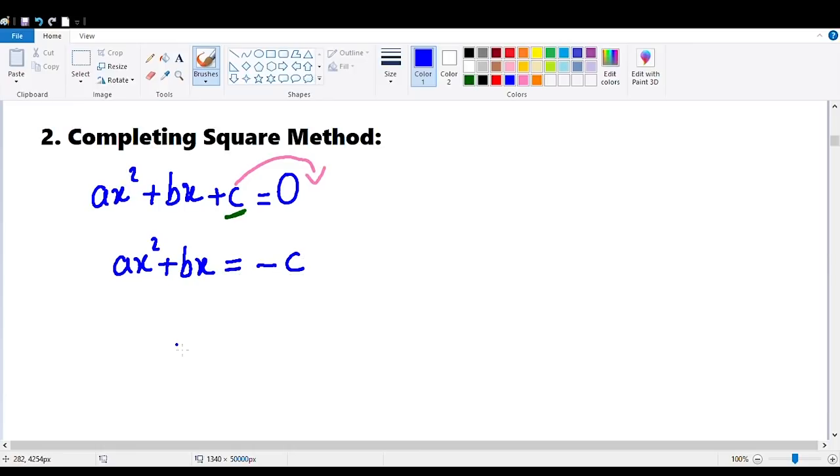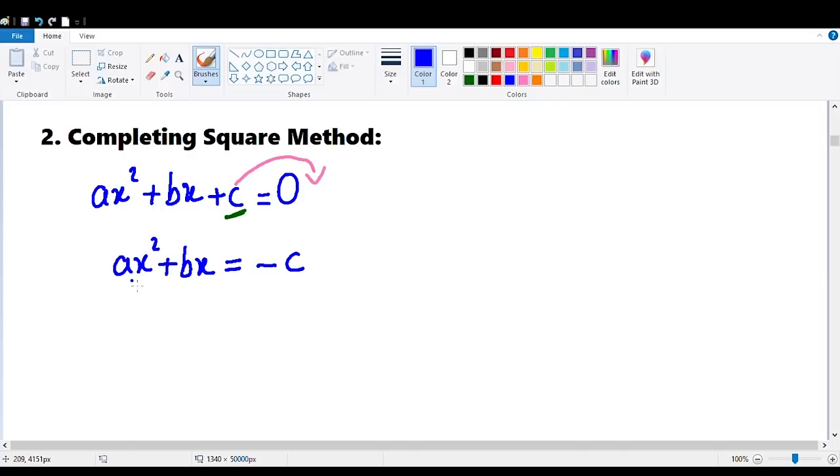That's step number 2. You need a constant on the other side. Minus c is what we'll get because c's sign will change. In this example it's plus, so it's positive, and when it goes to the other side, it's going to be negative.